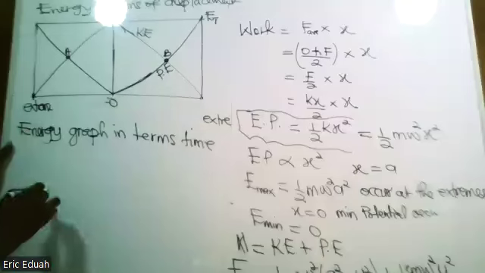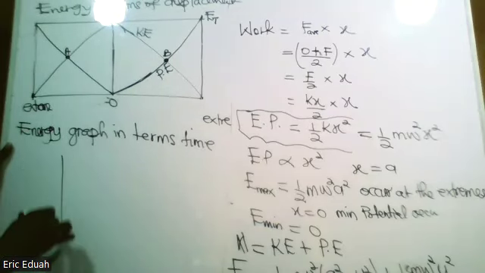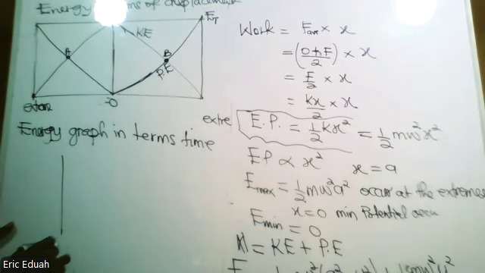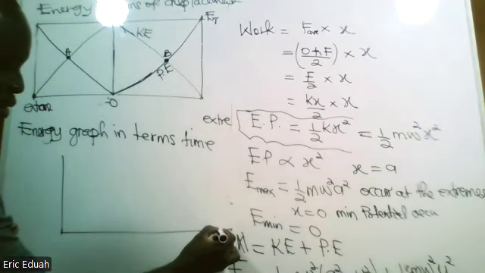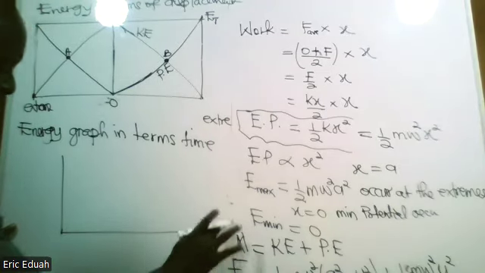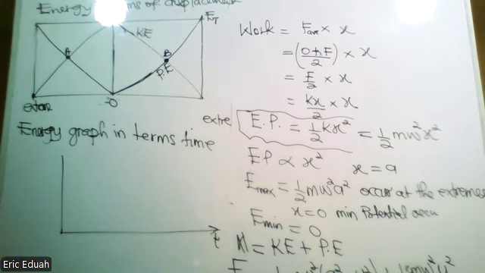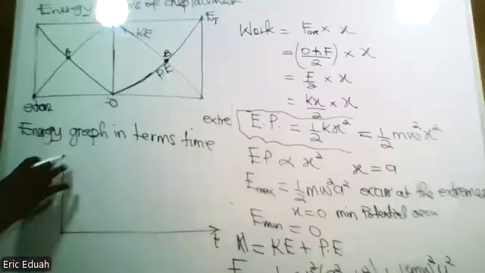So with this graph, we are plotting energy on the vertical axis as against time on the horizontal axis. Now, how do we plot this graph?